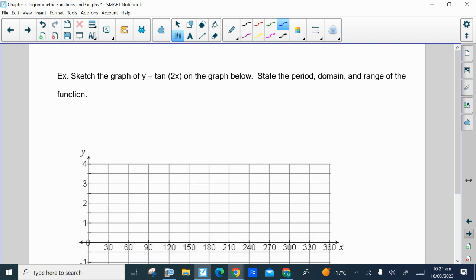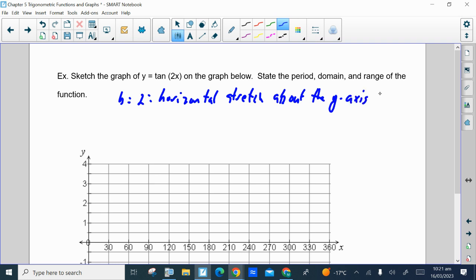So now what about if we do some transformations on the graph of tan x, for example, tan 2x. So in this case, we have a b value of positive 2, which remember causes a horizontal stretch about the y-axis by a factor of a half.